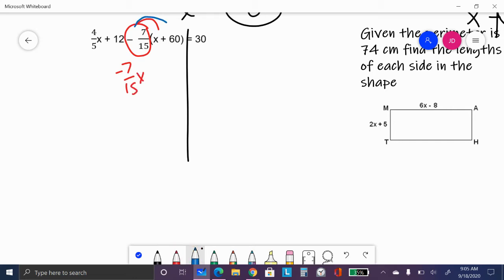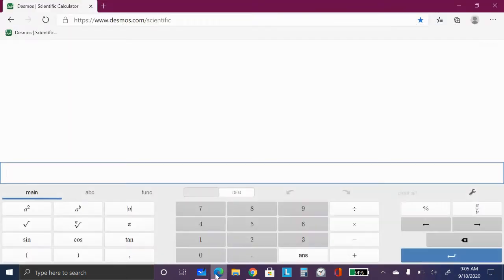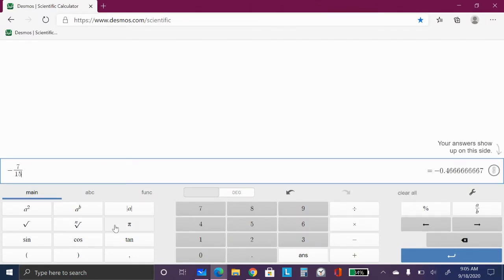I want to multiply it by 60. If you don't know off the top of your head, use your Desmos calculator. Negative 7 divided by 15 times 60. Use the over button, and on the bottom, hit it over 60. And you get negative 28.